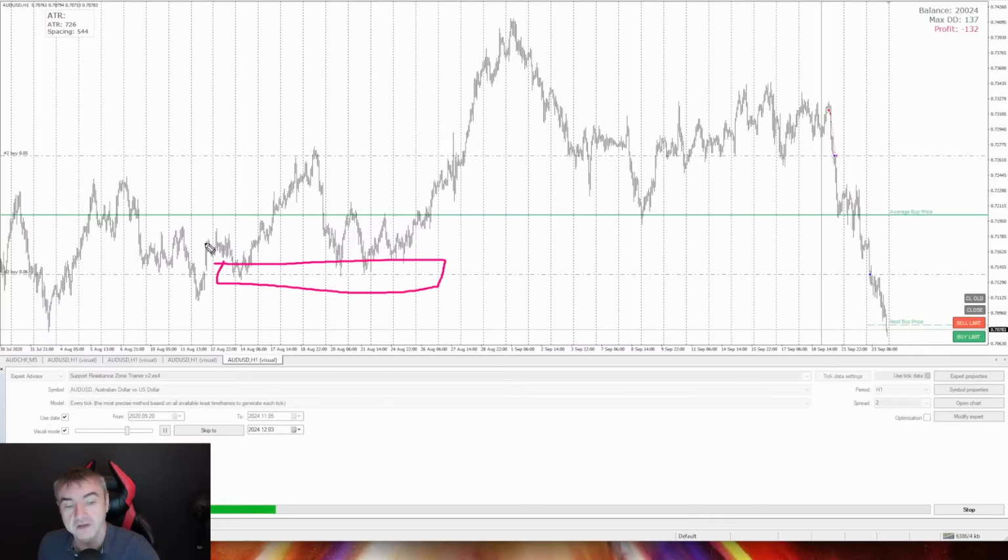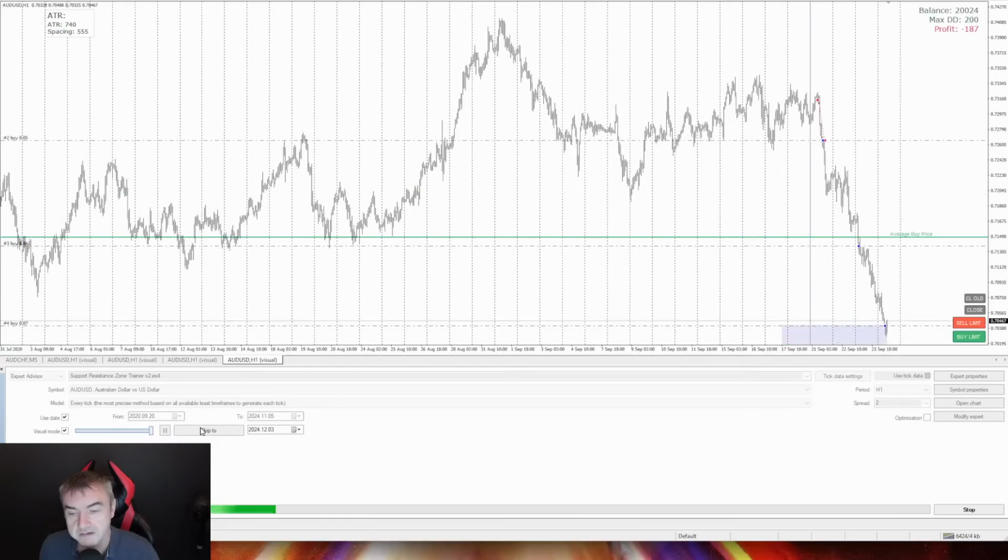If I give you a chart and say draw the support resistance zones on it, and then I close that chart and give you the same chart again tomorrow, you should draw them in the same place. Because it's you. Other people might draw them in different places, but the functionality's there.